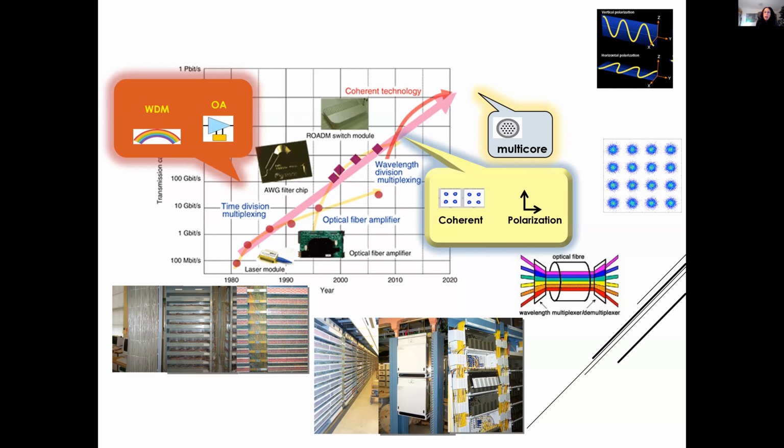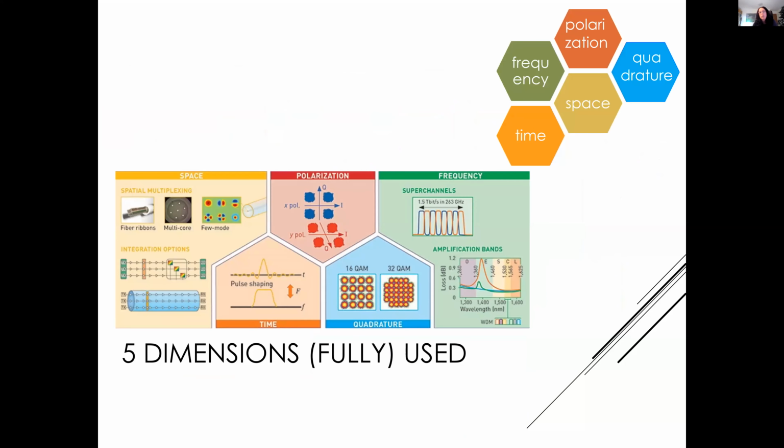Summing up, the photon, the light, has five physical domains. The first is time, because you can transmit one pulse after the other, and the second is wavelength or frequency. You can transmit different frequency channels simultaneously, and you can have two orthogonal polarizations.